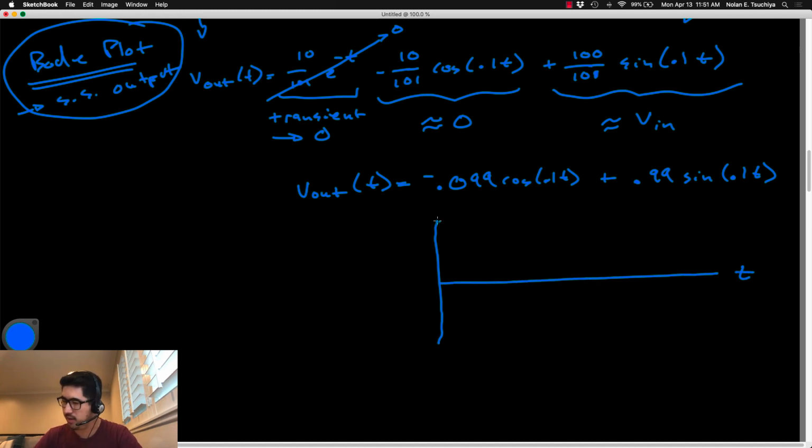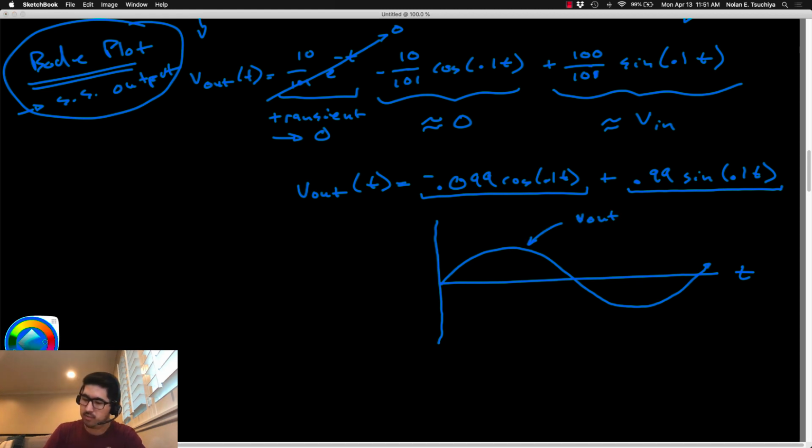On the time scale, 99% of the output comes from the sine, and maybe 1% comes from this cosine. So you end up with basically a sine wave of frequency 0.1, like this. This is your V out.